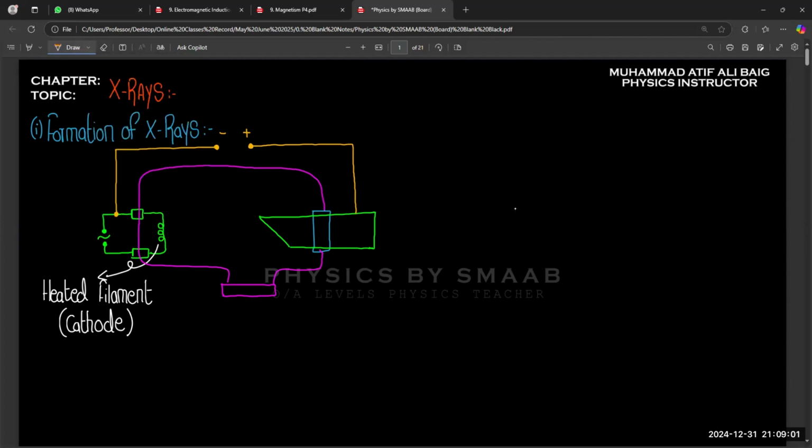And the voltage provided by this source can also be written as accelerating voltage, because it helps the electrons to move forward easily, or accelerate.